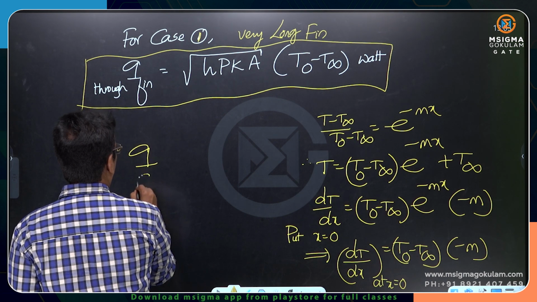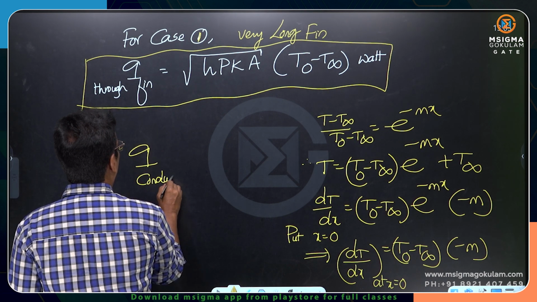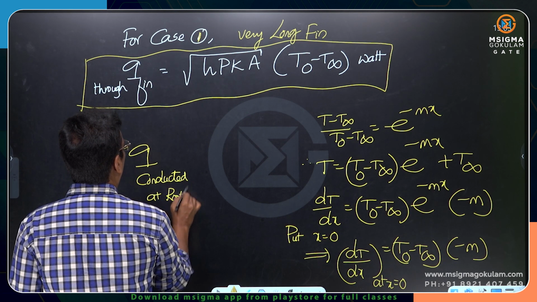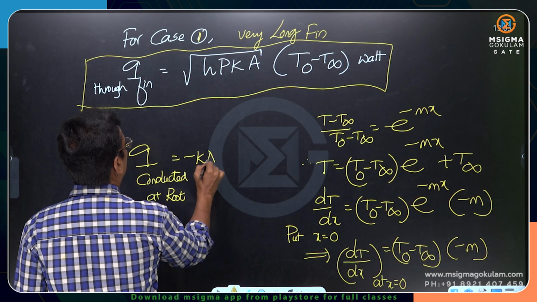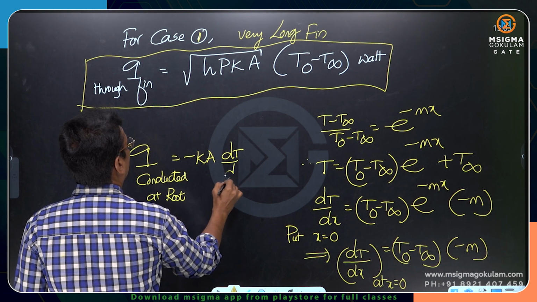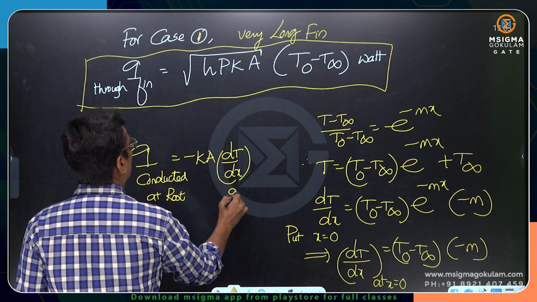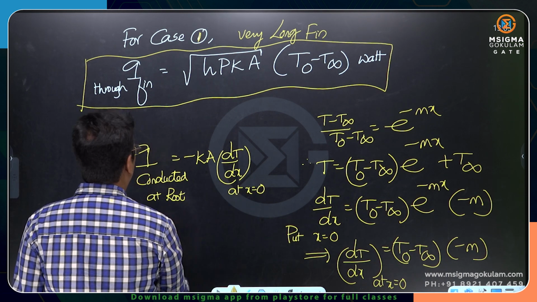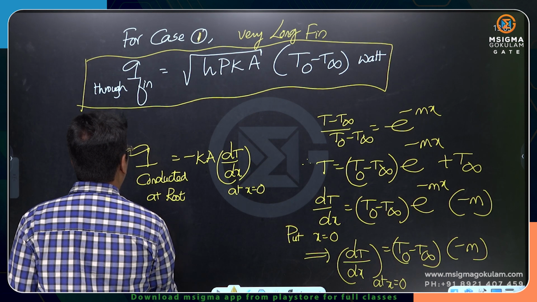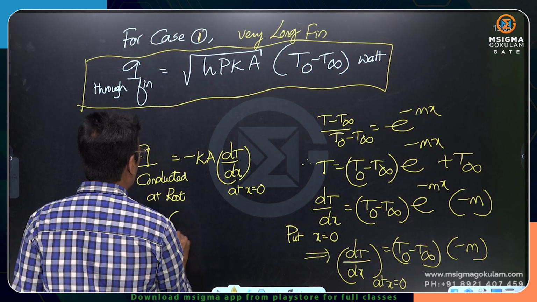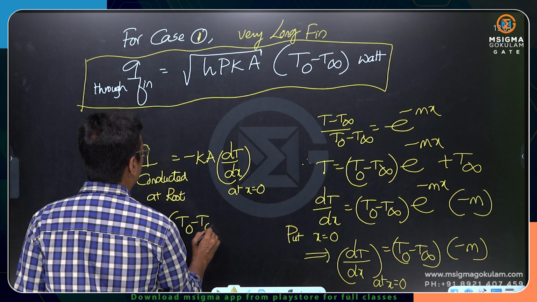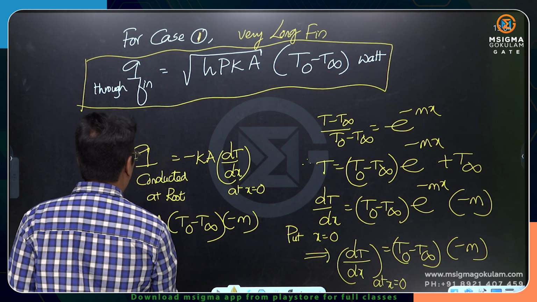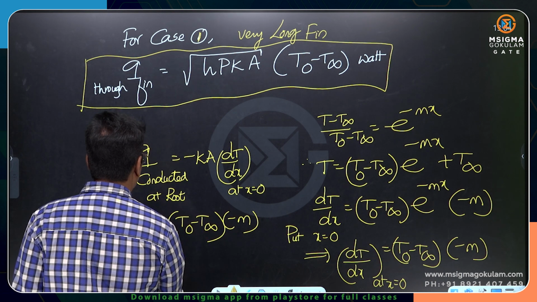Q conducted at root is minus kA dT by dx at x equal to 0. If you substitute that here, it becomes minus kA into (T naught minus T infinity) into minus m. This minus and this minus make it plus.